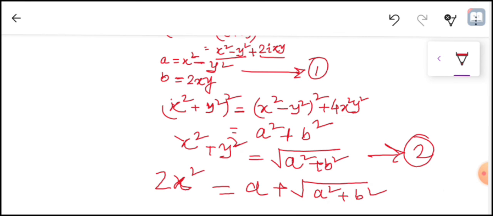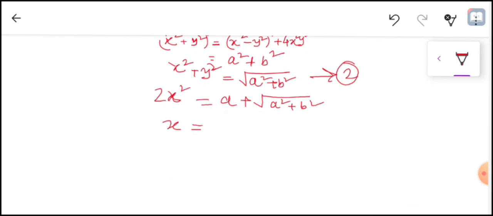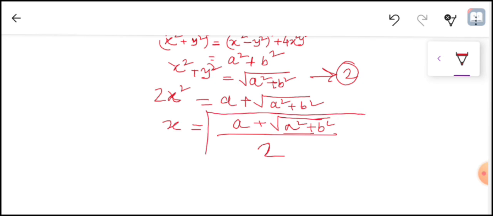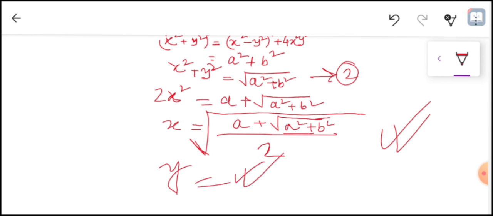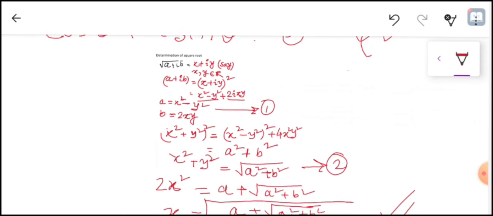So that x will be equal to the square root of a plus root over a square plus b square, divided by 2. Similarly, putting the value of x, y can also be determined, so that we can get the square root of a plus ib.